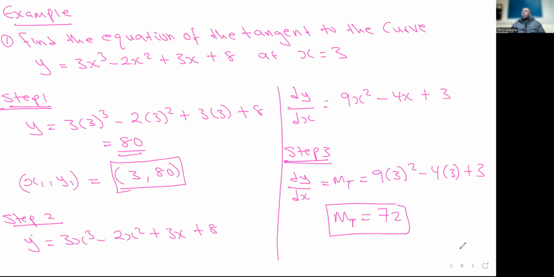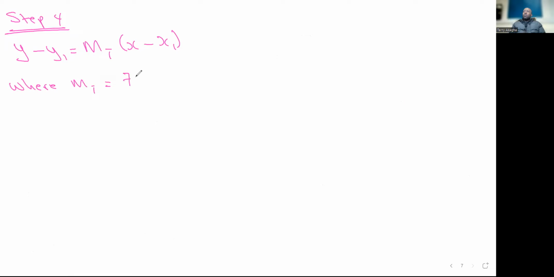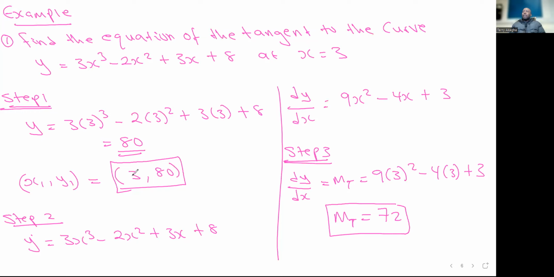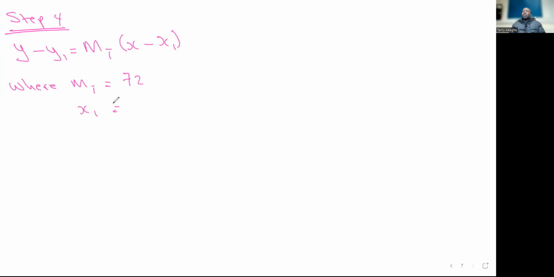The equation of a tangent is y minus y1 is equal to mt times x minus x1. We already know our mt is 72, our x1 is 3, and our y1 is 80.